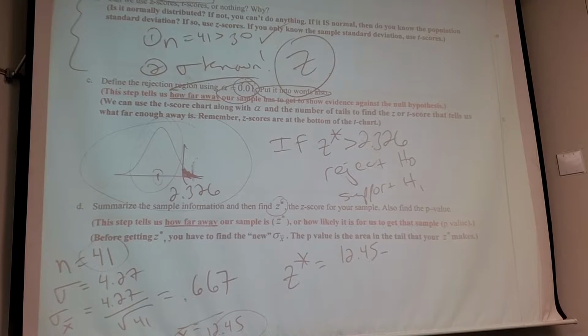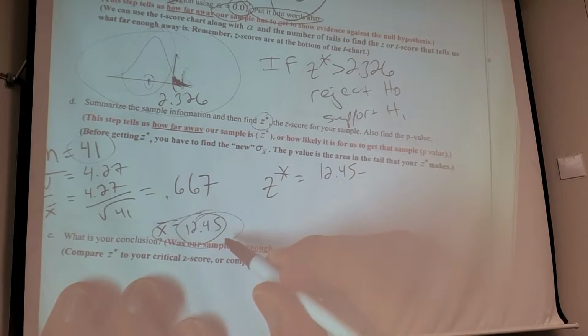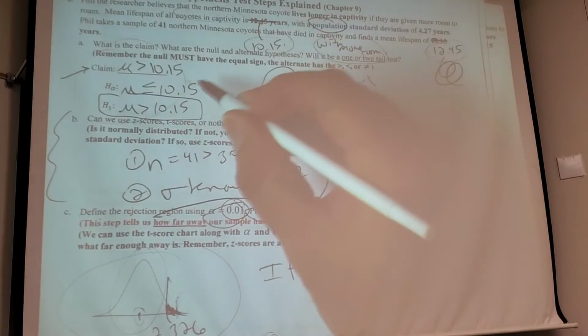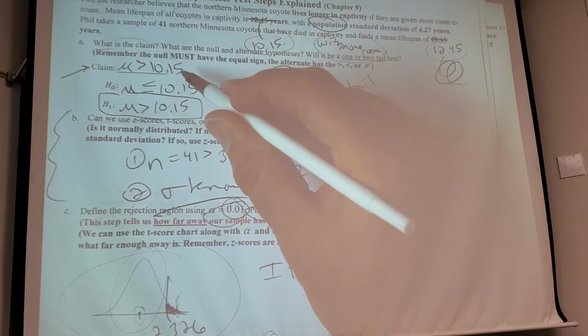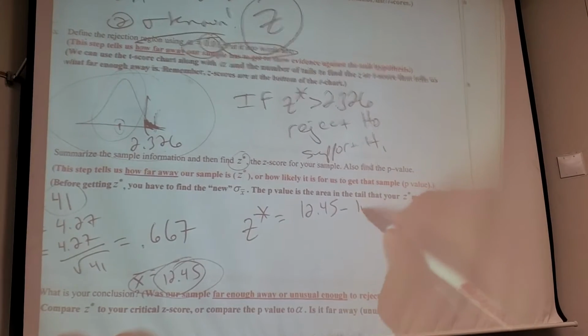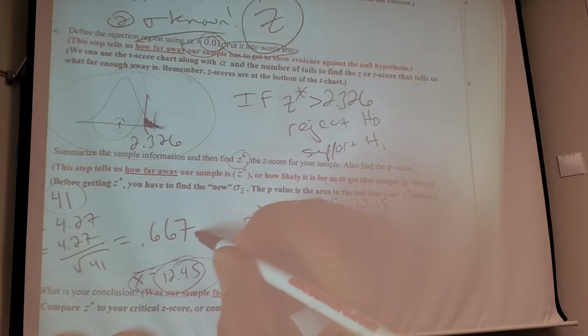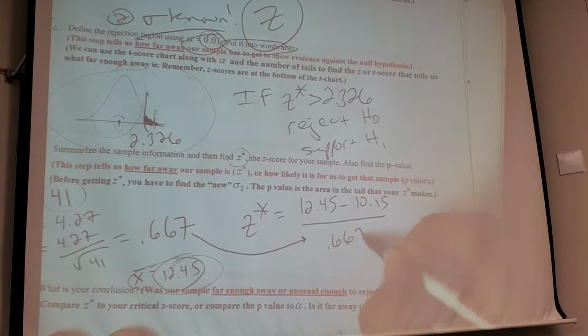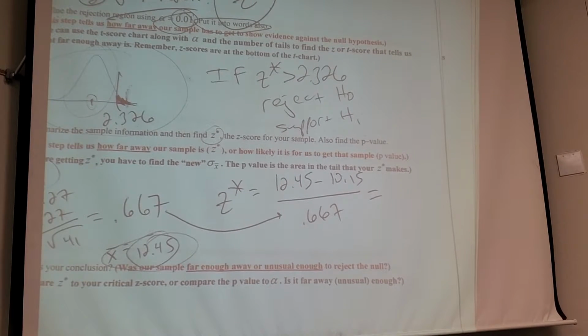All right, so it is always our data minus the middle. So it's going to come from here, 10.15. We're going to assume that's the middle, divided by the spread, which we just calculated. Let's see what you guys get.